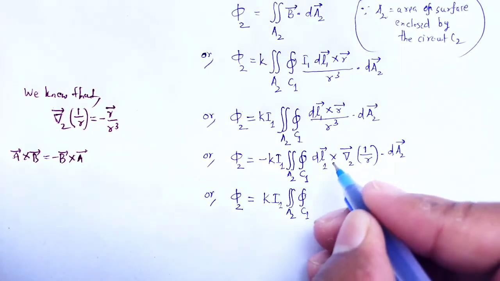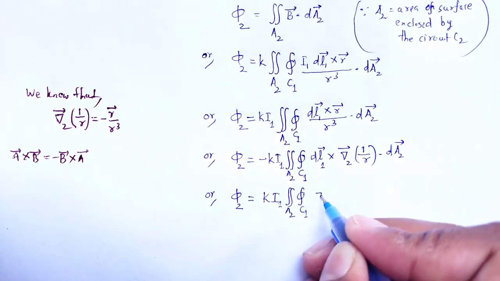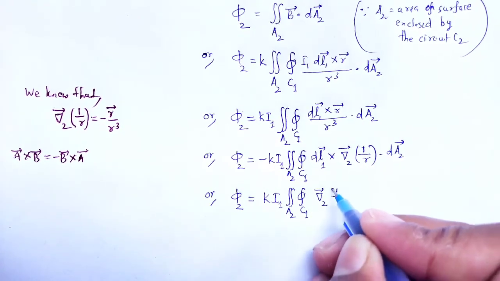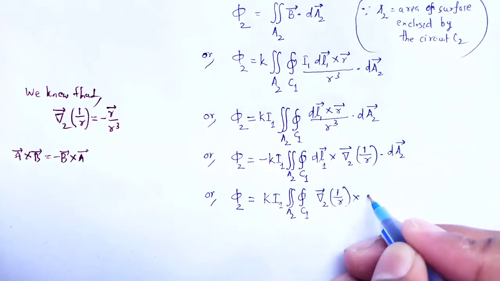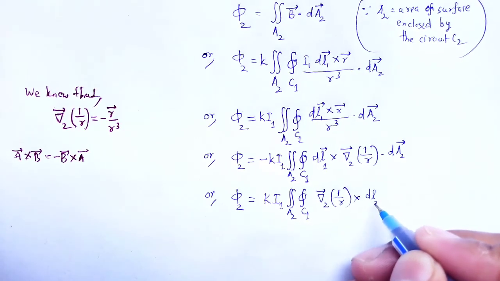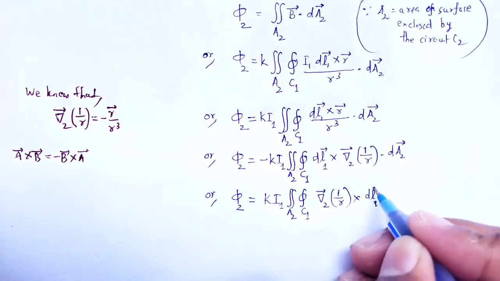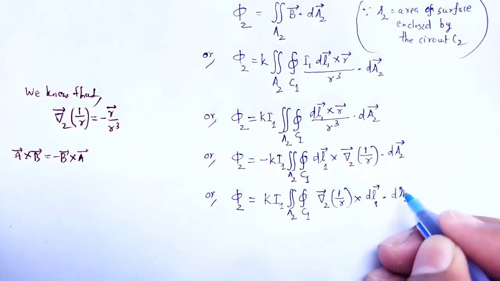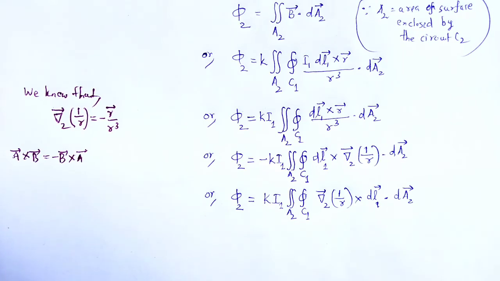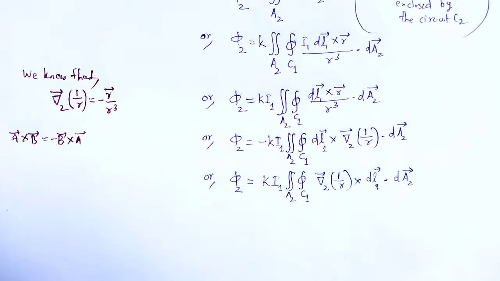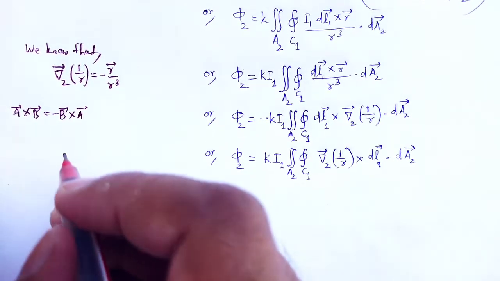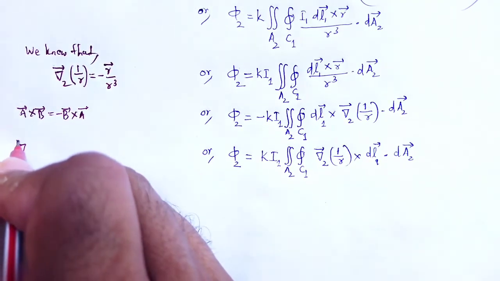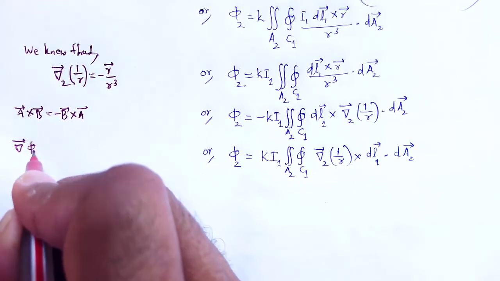Here I change its position, grad 2 of 1 by R cross dL1, dot dA2. Again use the vector identity. Here use the vector identity, gradient of phi A.